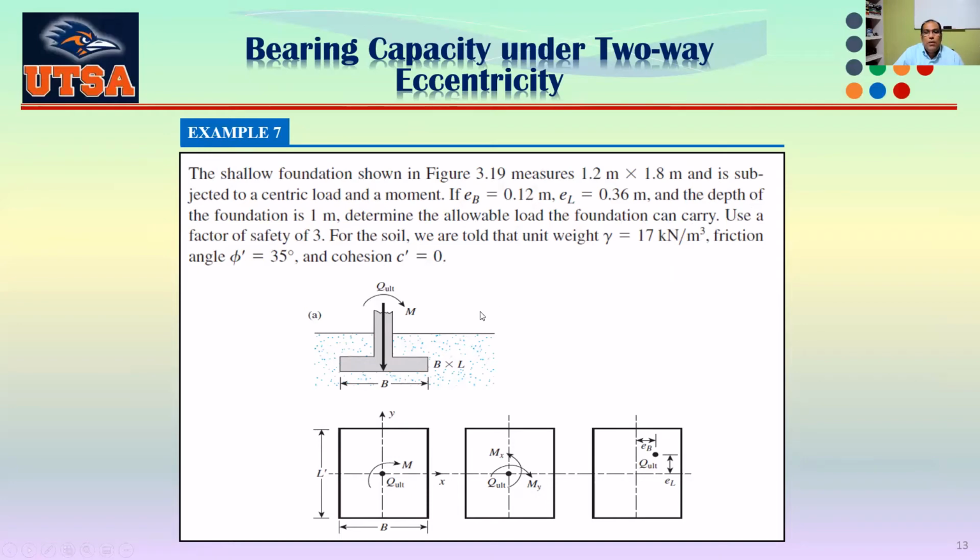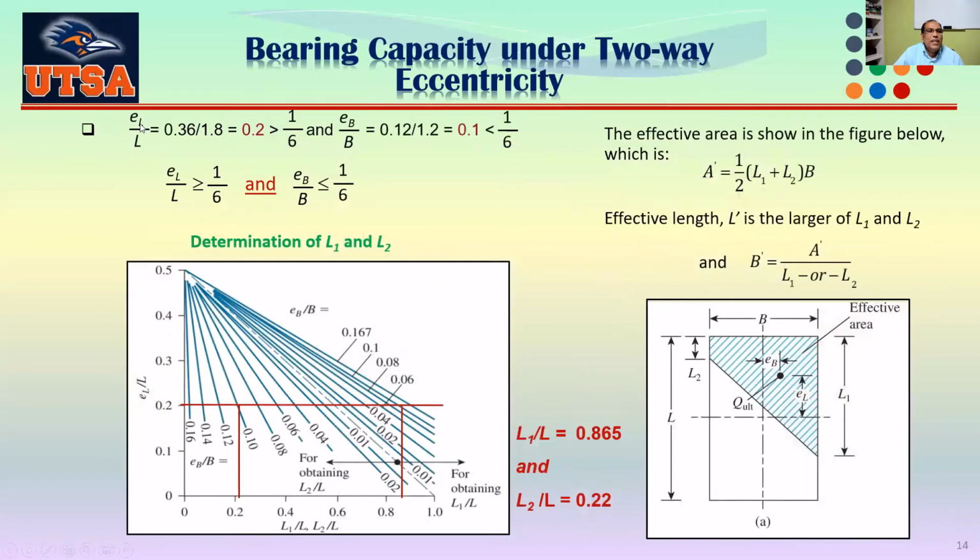For this kind of problem, first of all you have to find out EL by L and EB by B, and then see what case you have to follow to find your effective area. Here EL by L is 0.36 divided by L, 1.8. So this one is 0.2, which is greater than 1/6. 1/6 is basically 0.1667, so this one is higher than 1/6.